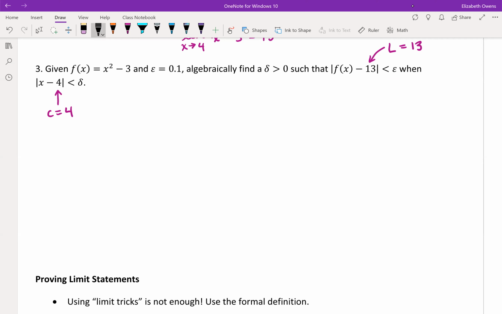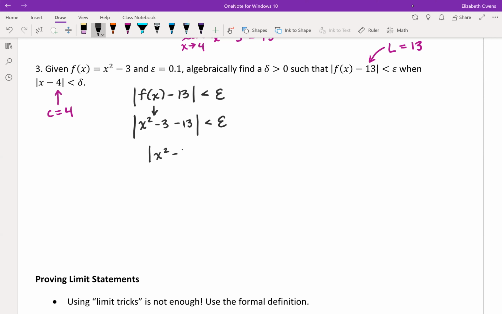So f of x minus 13 inside those absolute values is less than epsilon. But we happen to know what f of x is, so we could put that in there. X squared minus 3 is f of x. So we have x squared minus 3 minus 13 inside our absolute values.